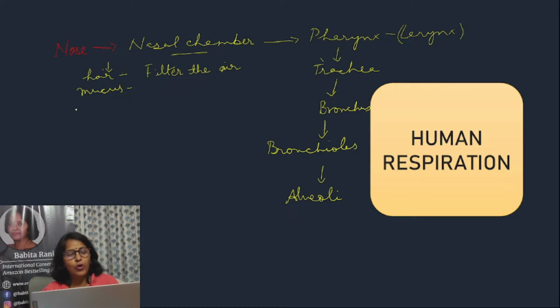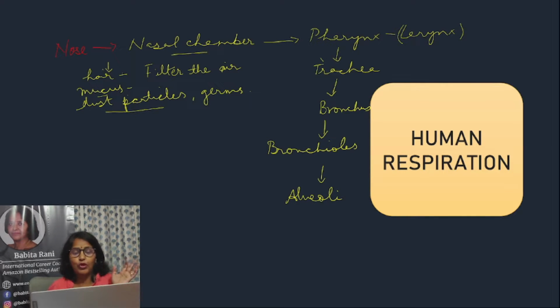That means small dust particles and germs may stick to the mucus. This also protects the inner layer of the nose from getting damaged because of air getting inside our body. So dust particles and germs are all trapped by the mucus, and hair also helps in filtering the air.